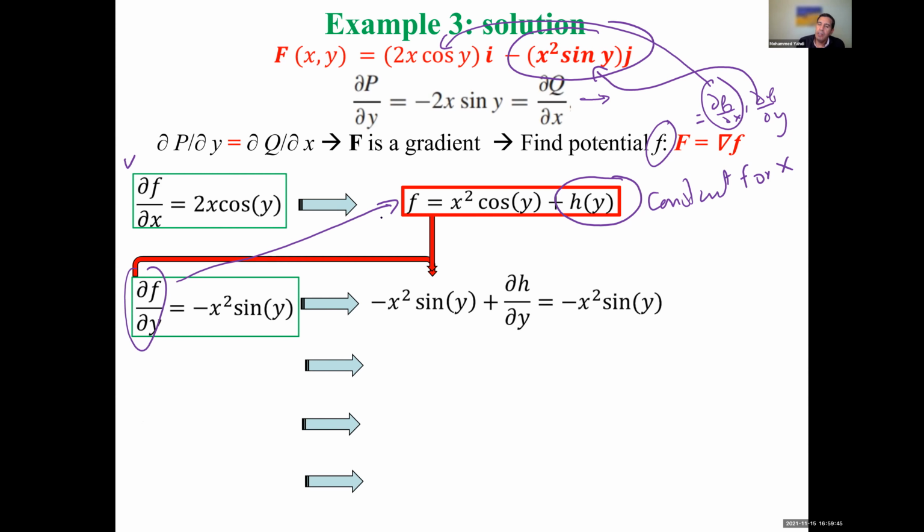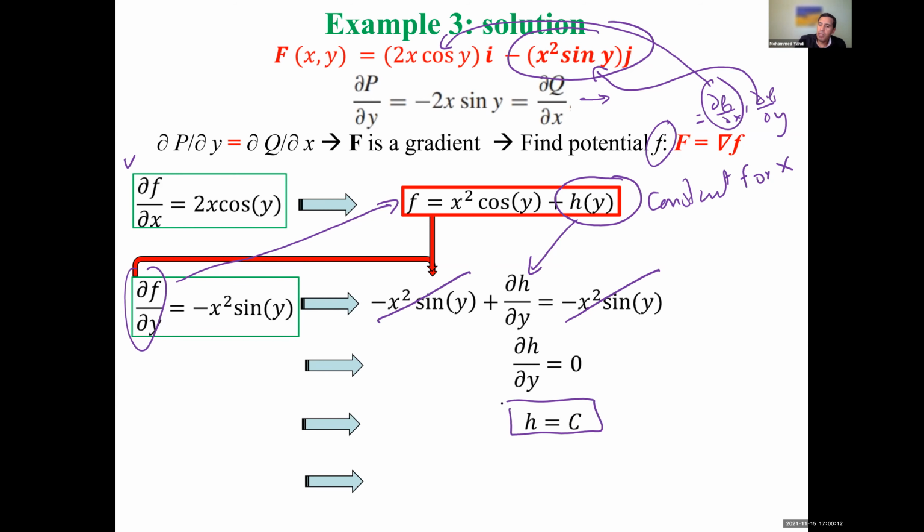Derivative of cosine of y is minus sine of y. Derivative of h is derivative of h. We do not know what h is. On the right side remains the same. Then we perform some simplification. Here are the same. We have left the partial derivative of h with respect to y equal to 0. Taking the integral gives us h is exactly just a constant.